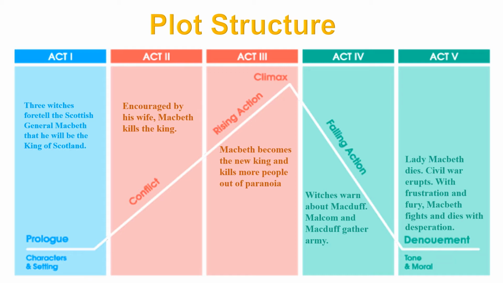This is the place where his ambition was fueled. And in the second act, we could find Macbeth in conflict whether to kill the king to become the king, or to be honest as his conscience instructs him. But encouraged by his wife Lady Macbeth, he kills the king and becomes the new king in the third act, where we could see the rising action of the play.